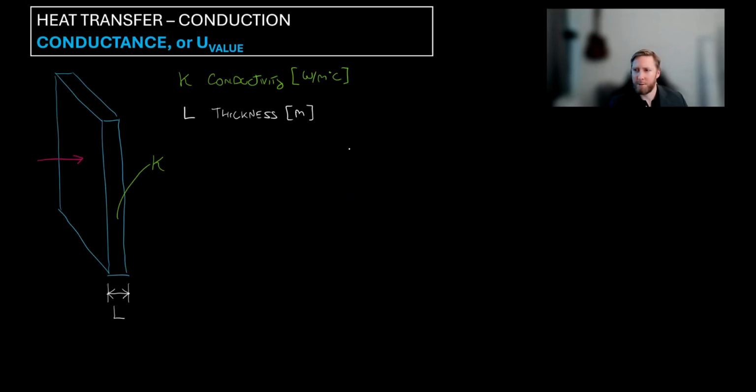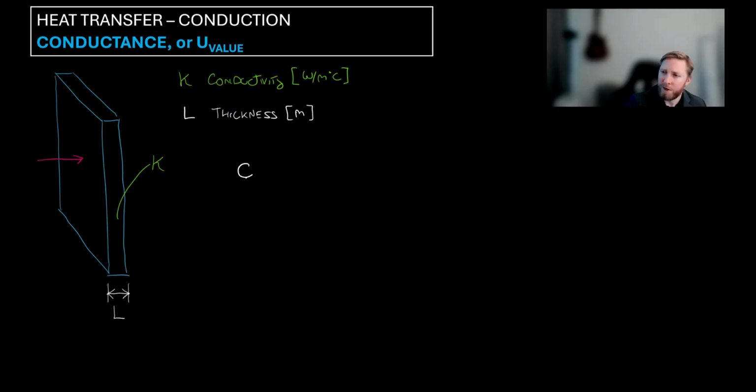Okay, so conductance. Conductance describes how much heat flow can occur through a separator of known thickness and conductivity. The way we determine this is through an equation, which I'll draw here.